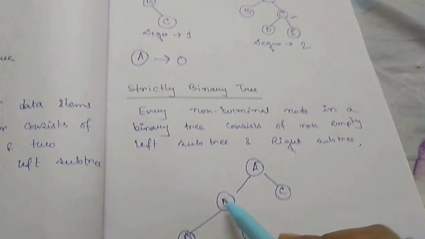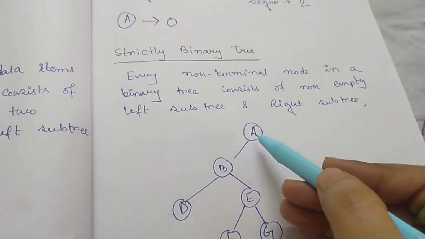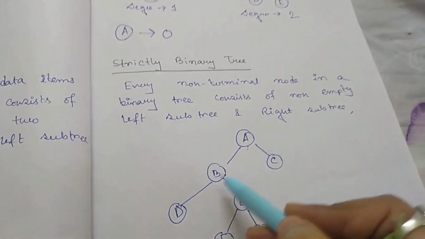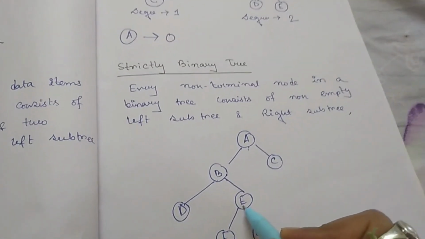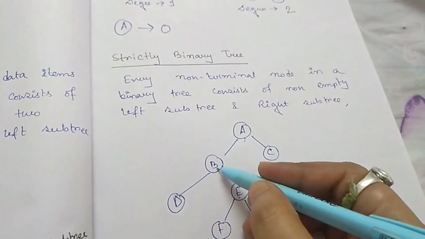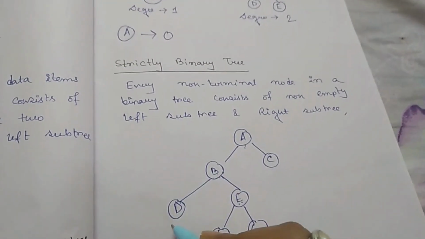Now, here we see that B is a non-terminal node, A is also a non-terminal node, but here A is a root. That's why we consider B and E as non-terminal nodes. So, according to this definition, these non-terminal nodes, that is B and E, both contain the left subtree.